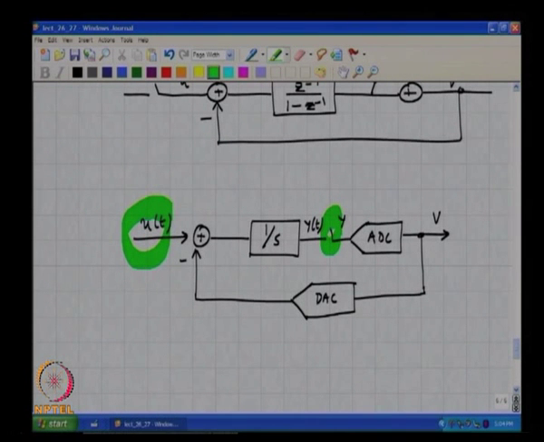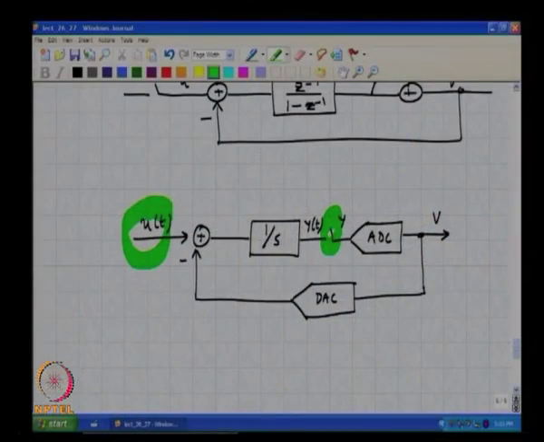So, we have to wonder what will happen to this loop if the input consists not of a low frequency signal, but frequencies which can potentially alias to DC, because we have not done any anti-aliasing here.